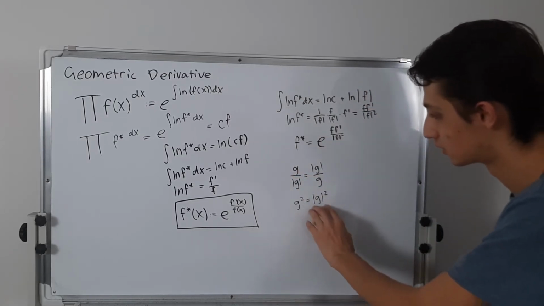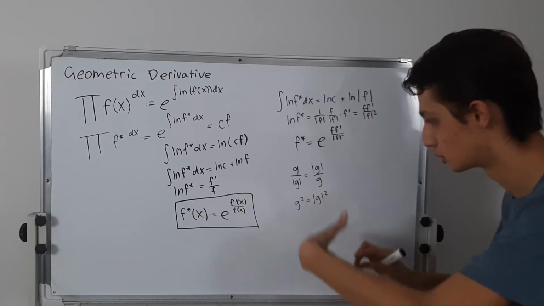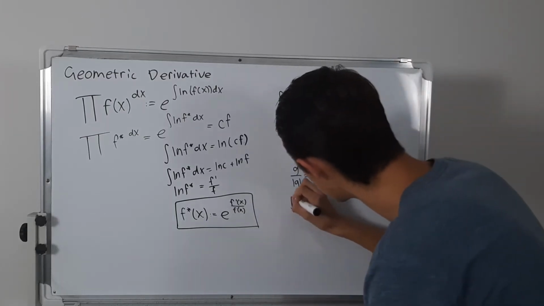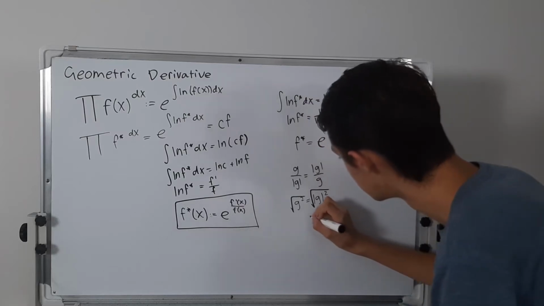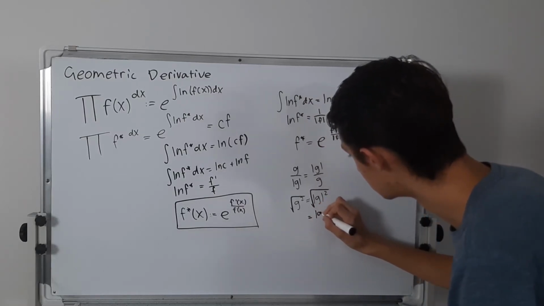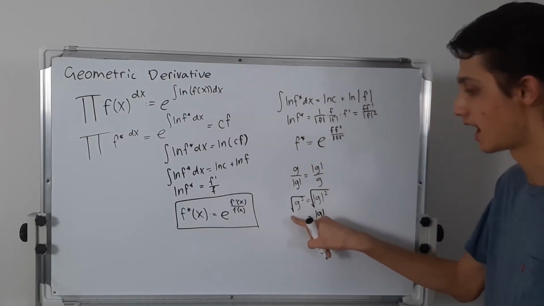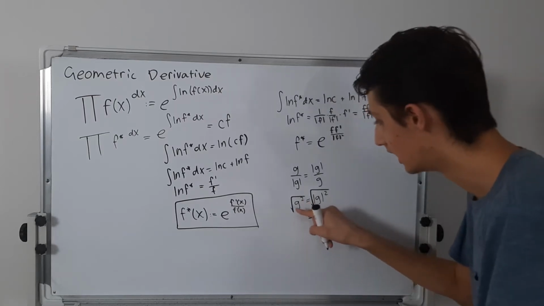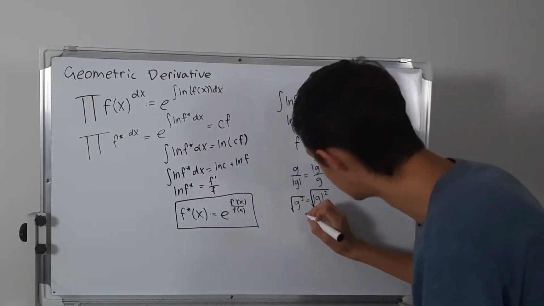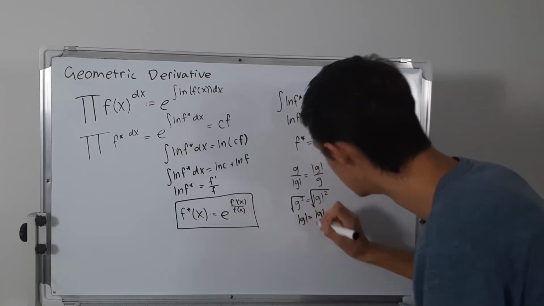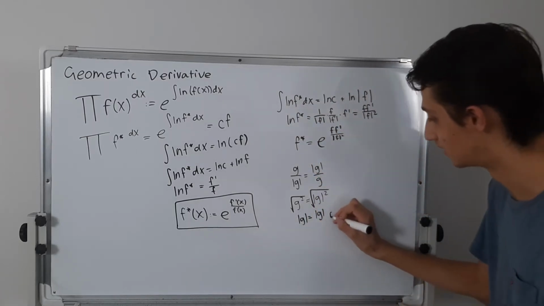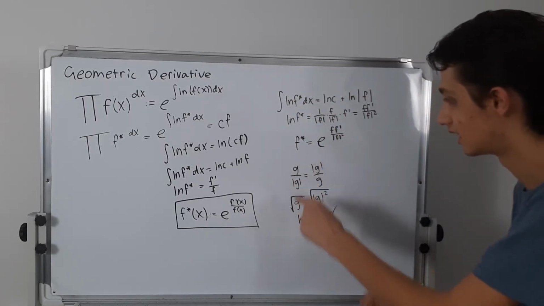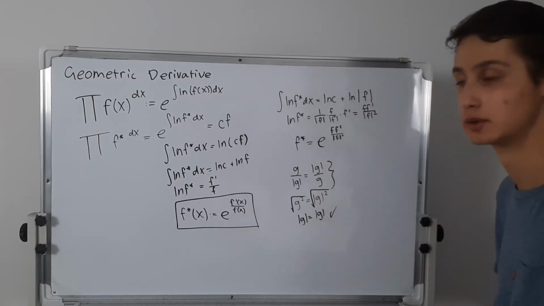You should see that this is true, and if you're not convinced, you can just take the square root of both sides, right? On this side, you're obviously just going to get absolute value of g back. And remember, the square root of a square is just equal to the absolute value of the inside. So this statement here is true, right?